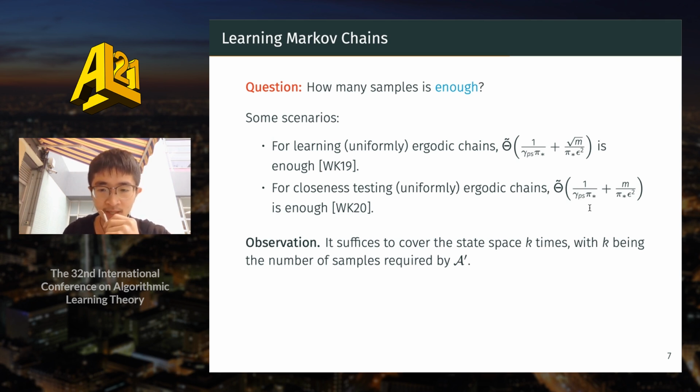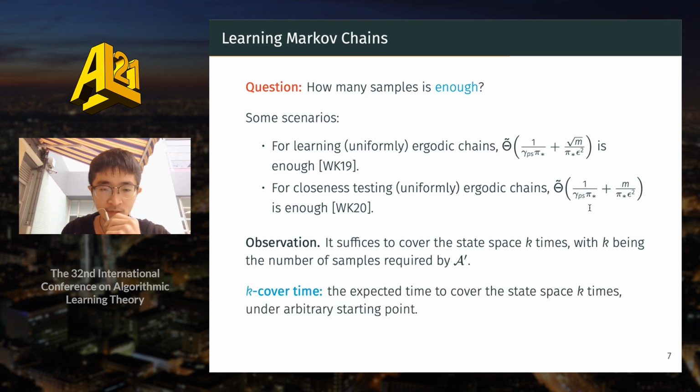And what is this k? This k is just the number required by the IID learner A prime. So it naturally motivates our definition of k-cover time. The k-cover time is a combinatorial quantity defined as the expected time to cover the state space k times, and we assume an arbitrary starting point, or you can say a worst-case starting point.